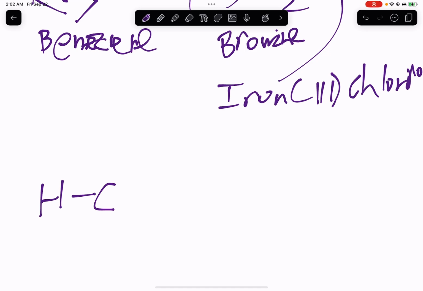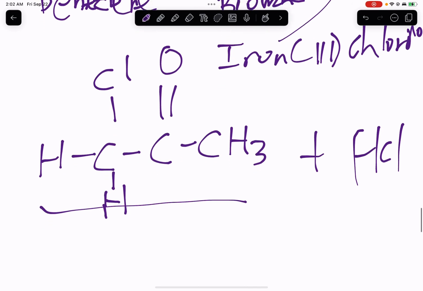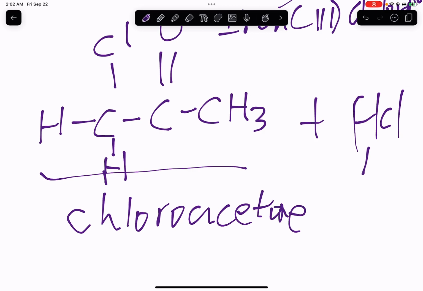Exactly. You almost got it correct, but don't worry. This is just a concept. It won't be so complicated once you learn this later in the units. So here is what we'll have eventually. This one right here is what we call the chloroacetone, and this one right here is HCl, hydrogen chloride, which is a type of acid.